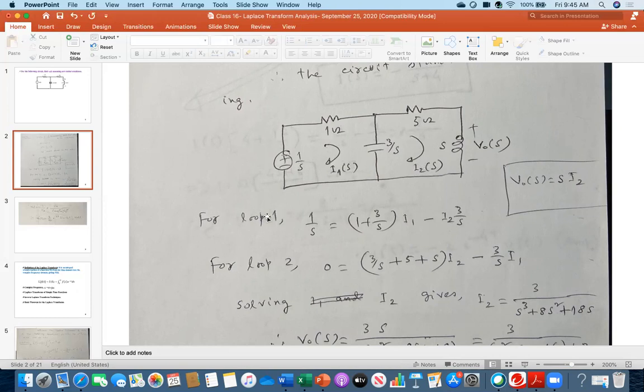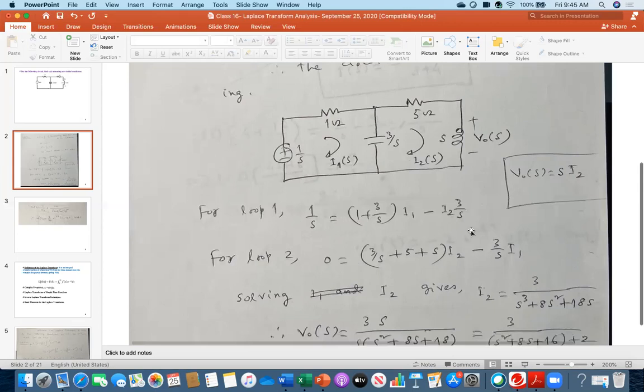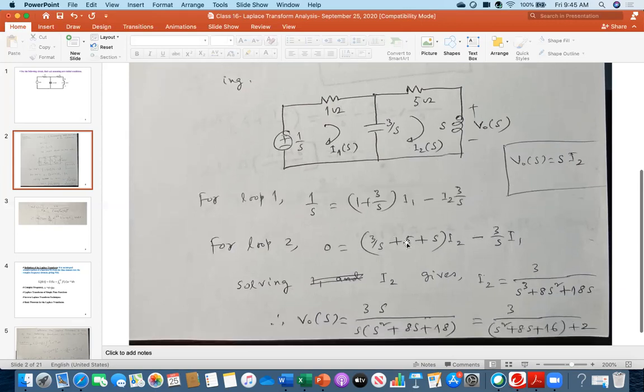So for loop 1, I am getting this equation. This is my source 1 over S, and then 1 plus 1 over S multiplied by I1, and then minus I2 into 3 over S. And for loop 2, I am getting this equation. So you all know how to solve the problem. There are two variables, I1 and I2.